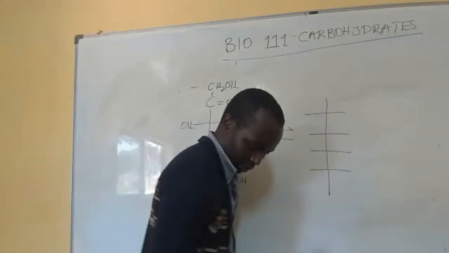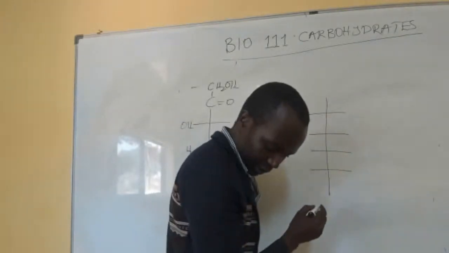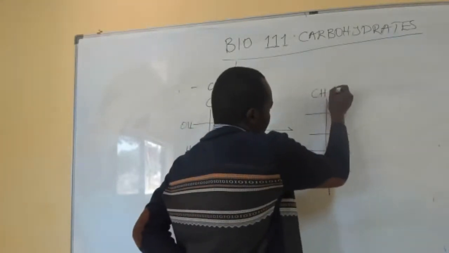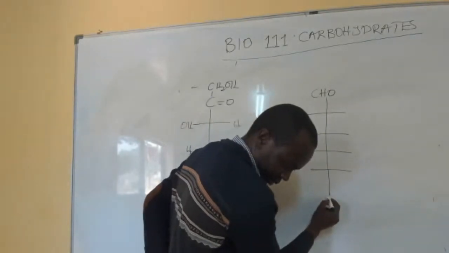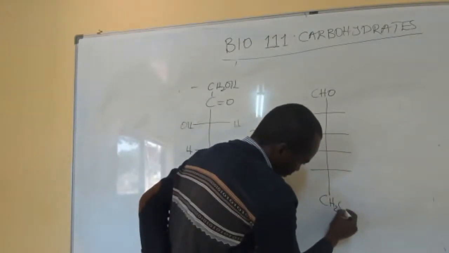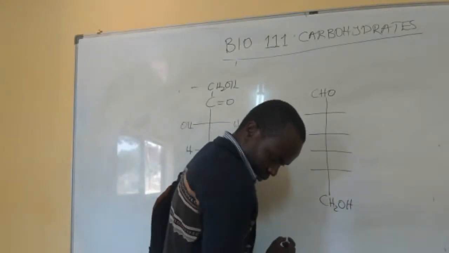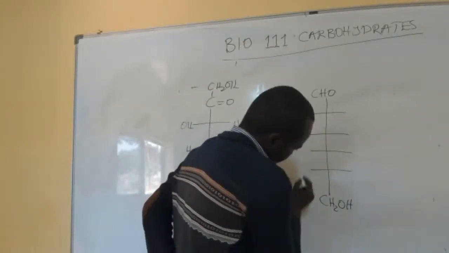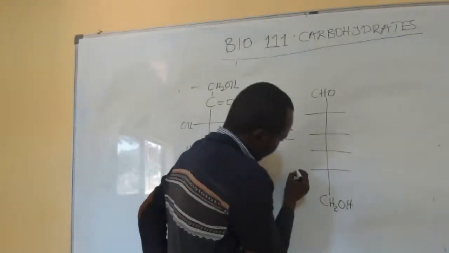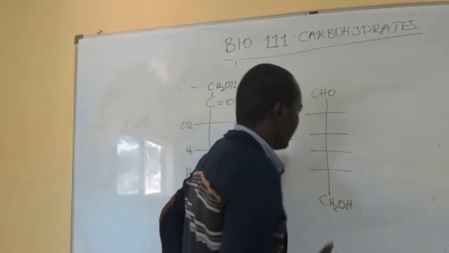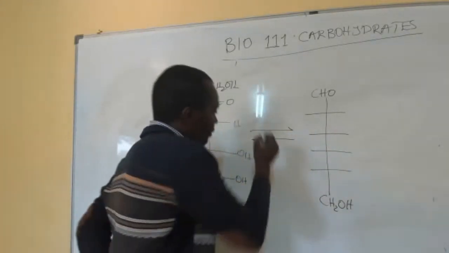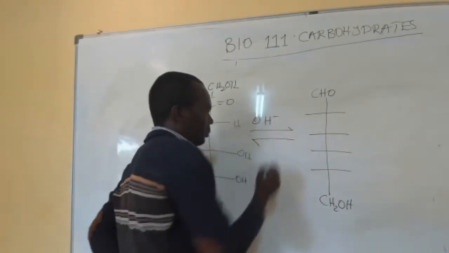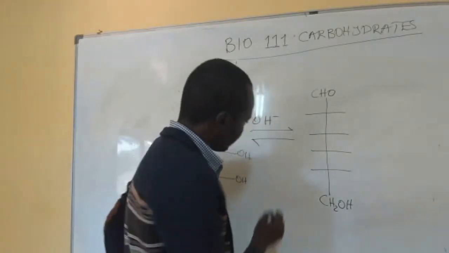So what happens, remember, when you're doing the test for carbohydrates, you use the Benedict's reagent. What the Benedict's reagent does is simply alter the color of our carbohydrates.